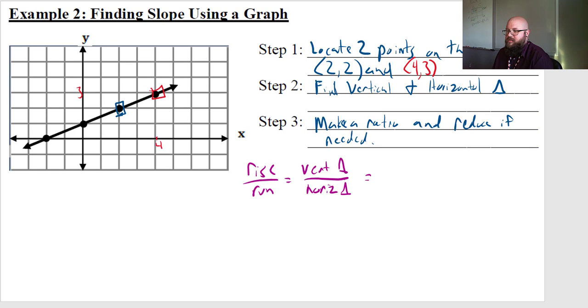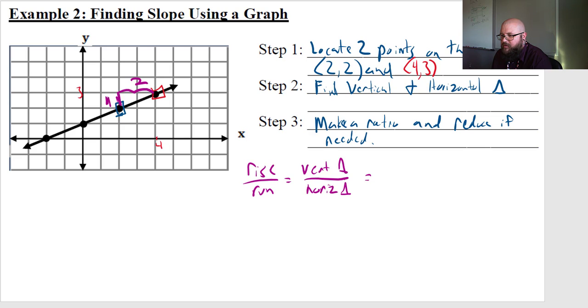All right, so looks like if we take this point and we're going to this point, we're going to go up 1 here. So up 1, we're going 1, 2. We go over 2.